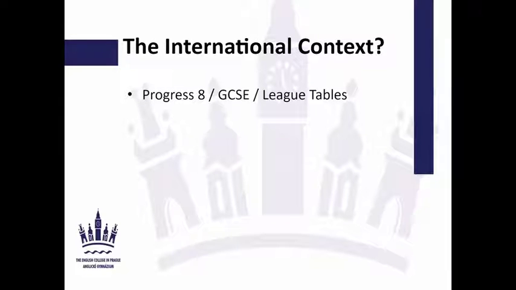When I talk about the international context, and I deliberately use the word context rather than just an international school, because many of these things are transferable to the UK in one way or another. But the sort of things that make up this international context, in some ways it's a lack of things.